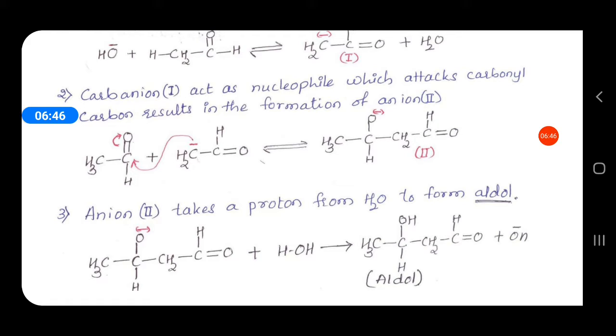Now this anion accepts a proton from a water molecule and becomes aldol, and the base is generated back. So this is aldol condensation, one of the important reactions of aldehydes and ketones.